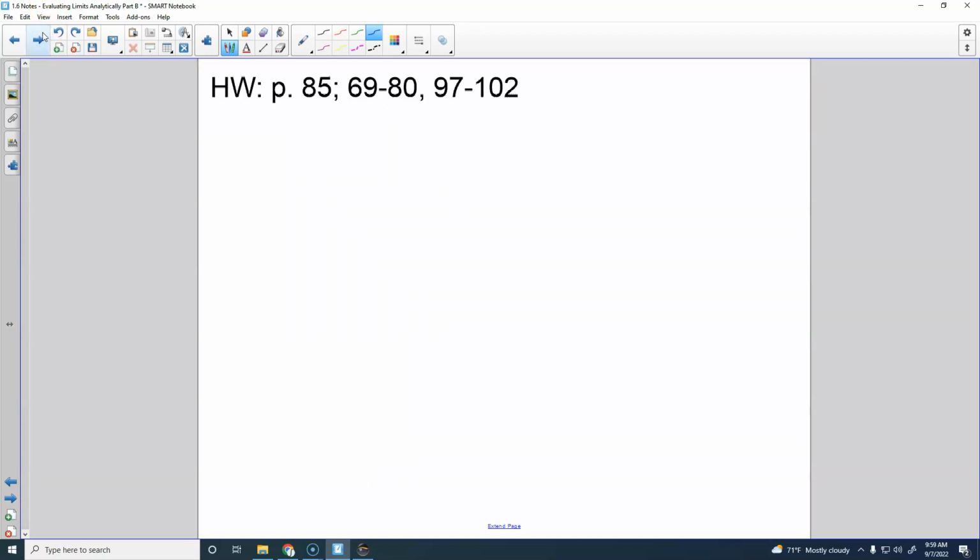So this assignment, let me look at it real quick. 97 through 102 is your squeeze theorem stuff, so we're still going to do those. We need to cut down the 69 through 80.